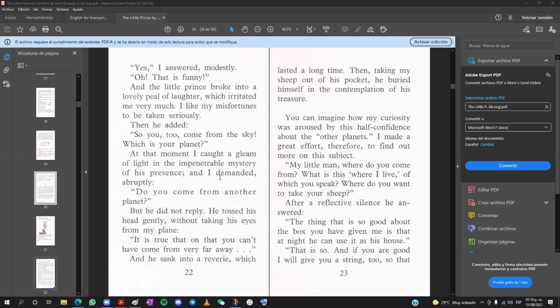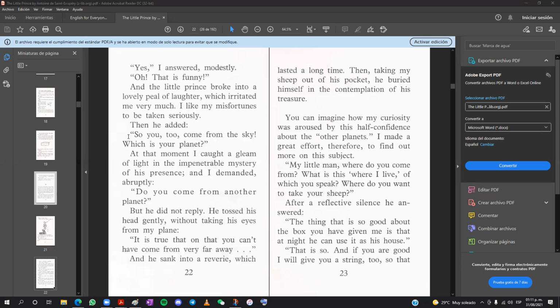And I demanded Demanded. abruptly Abruptly. do you come from another planet? Do you come from another planet? You come from another planet. ¿Continúa? Sí, hasta ahí está bien.